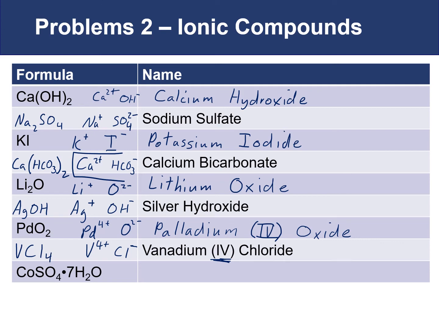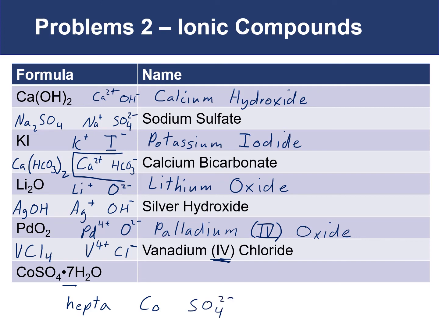Last one, we're working again with a hydrate. There's 7 here. 7 is hepta. Okay, Co is cobalt. So we have Co for cobalt. We don't know the charge yet, so we'll have to work that out. Cobalt can have multiple different charges. We have sulfate.